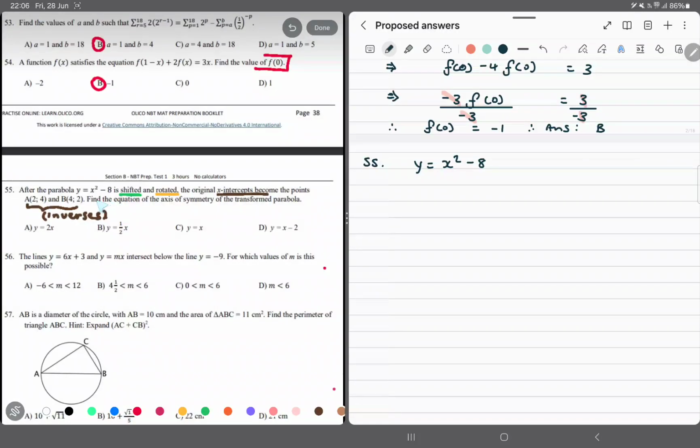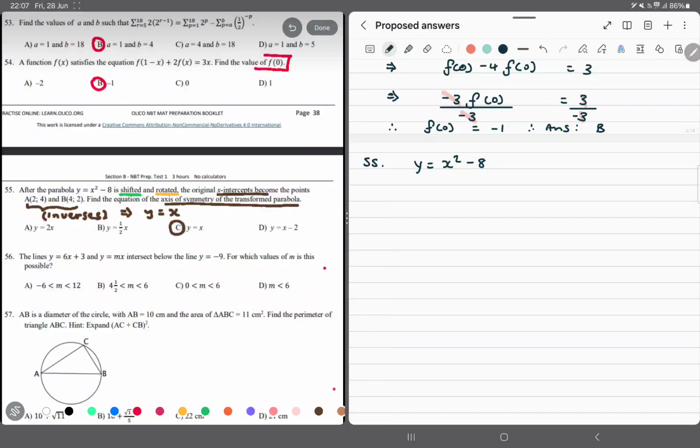Now, let's answer this question. Find the equation of the axis of symmetry of the transformed parabola. Obviously, if these 2 points are inverses, it means they are going to be symmetrical about the line y is equal to x. So this makes option C the answer.